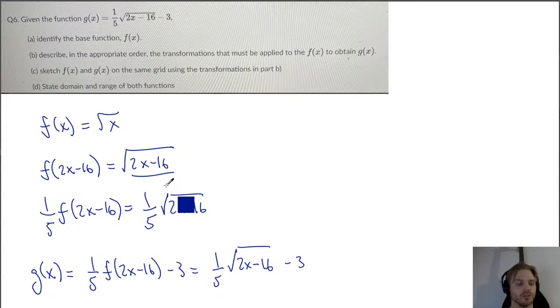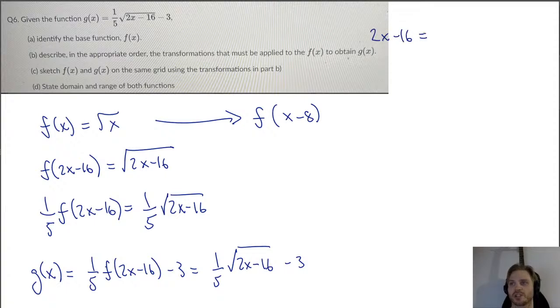And you could even start with this. So like, let me add in a little step here. So let's say go this direction and then we'll go this direction. So first thing we want to do is I want to do f of x minus 8. The way I found x minus 8 was I started with 2x minus 16 and I factored out the 2.